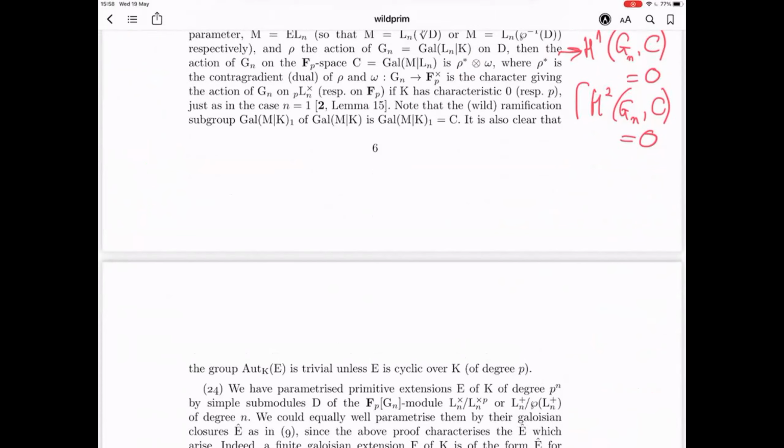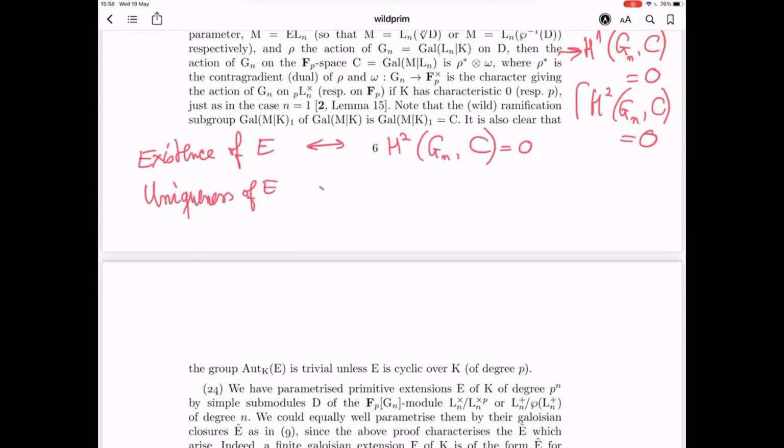Basically, the existence of E has been reduced to the vanishing of H^2(G_n, C), and the uniqueness of E has been reduced to H^1(G_n, C).